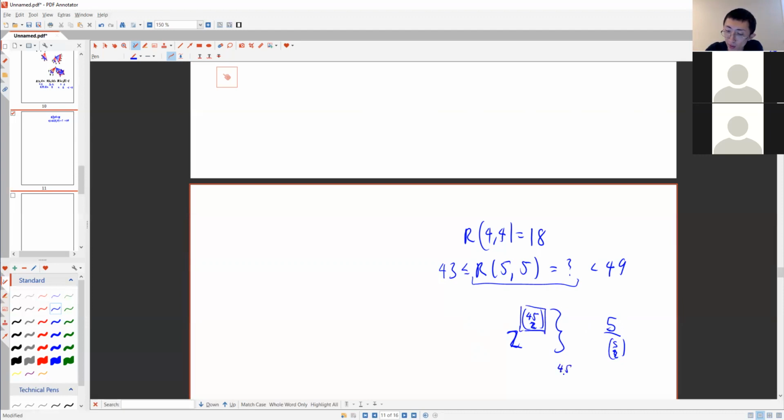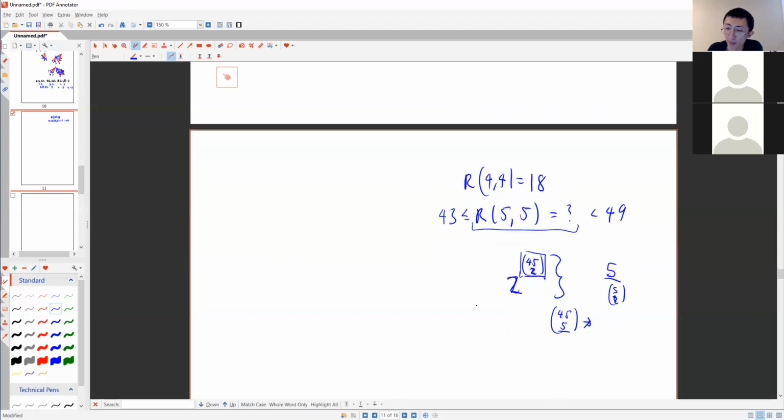Because there's 45 choose 5 subsets of 5 vertices, and you have to check all of them. So a computer can't just do it instantaneously, but it's kind of amazing that it hasn't been done yet. People have not had enough computing power to compute the exact values.